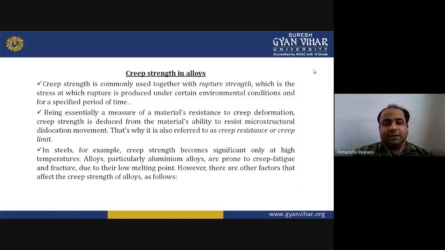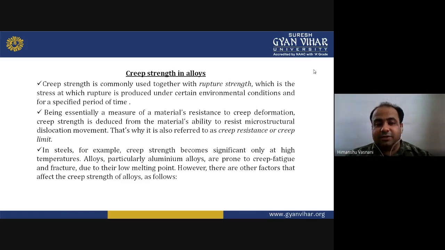The creep strength is commonly used together with rupture strength, which is the stress at which rupture is produced under certain environmental conditions and for a specific period of time.